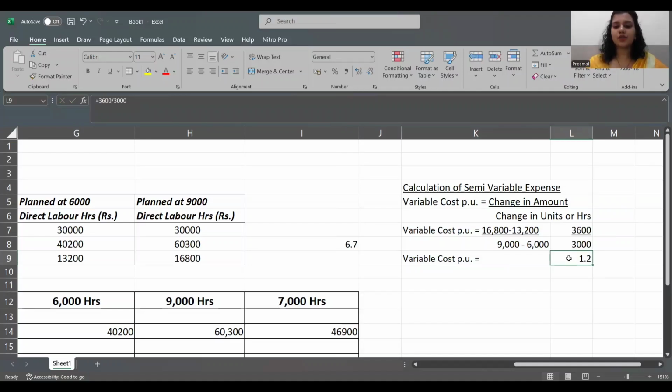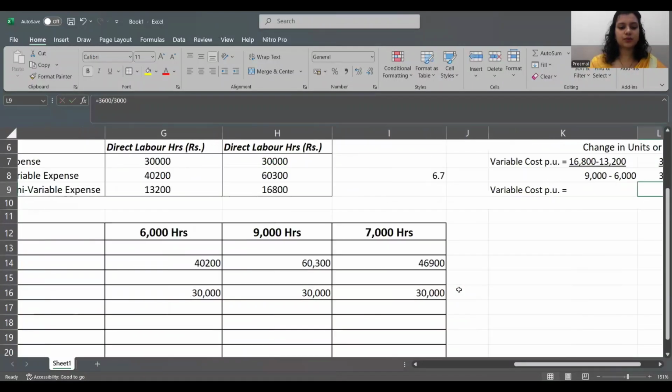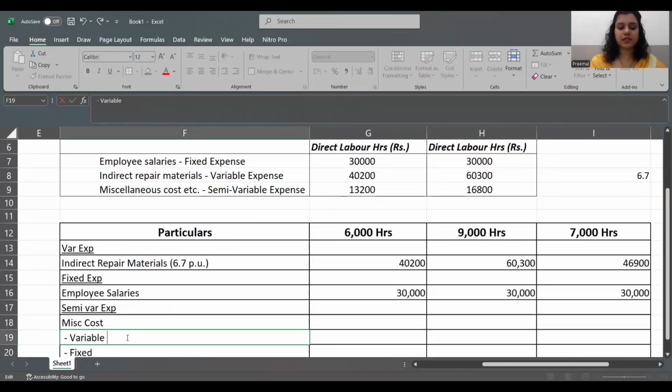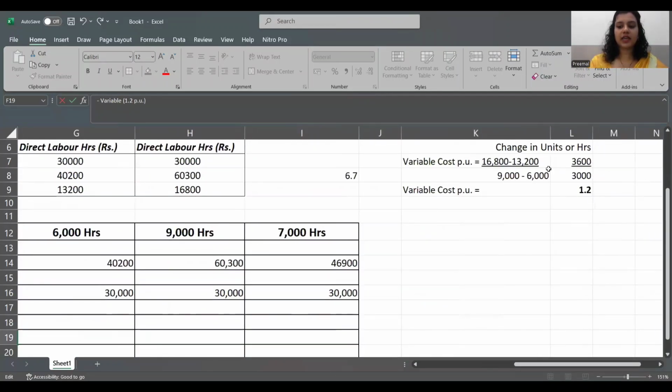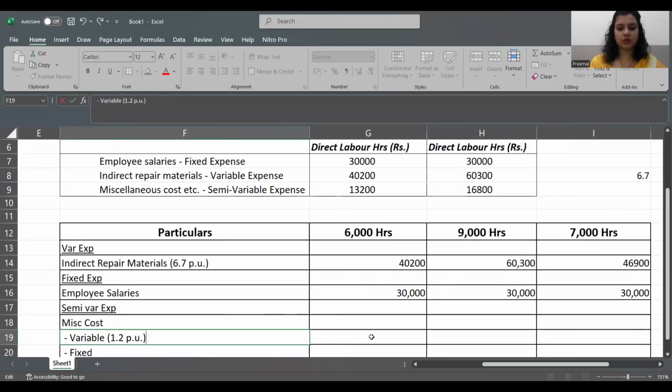Now I can use this to find out the variable portion of all my units of production, or in this case, hours of production. So I'm going to take this 1.2 and write it next to the variable portion of my miscellaneous cost. 1.2 per unit. So once you've calculated your variable cost per unit, multiply that into the respective hours.